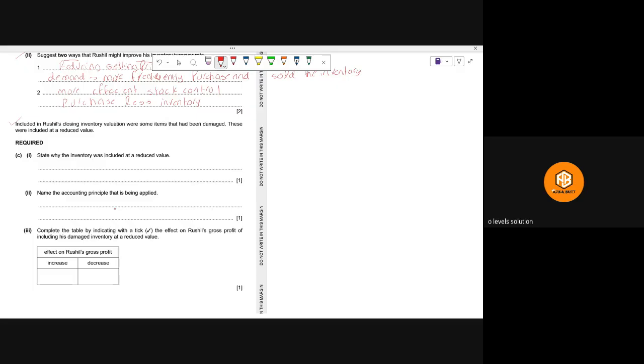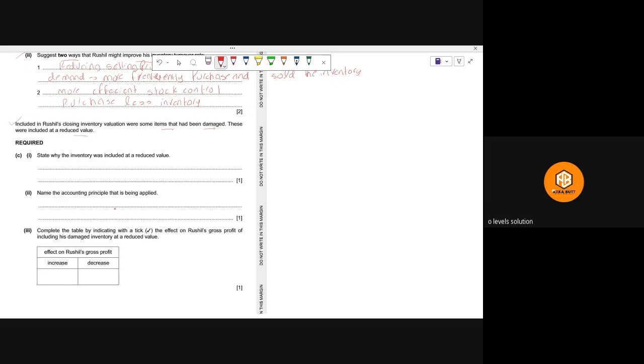Okay. State why the inventory was included at a reduced value. So included in Rushil's closing inventory valuation were some items that had been damaged, and these were included at a reduced level. So it means that the item was damaged, and they included it at the reduced value.